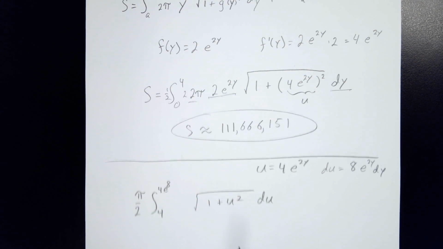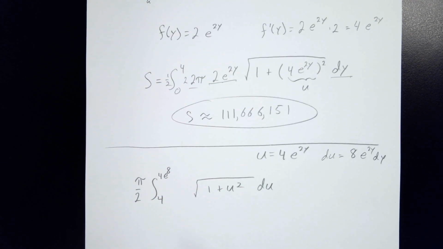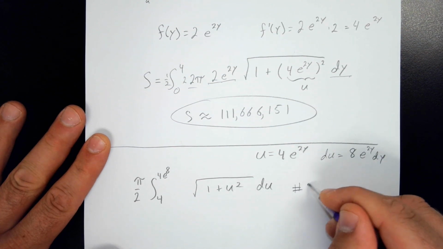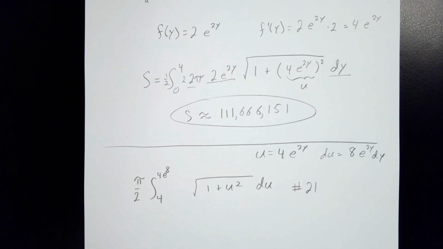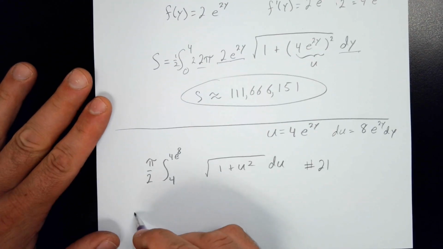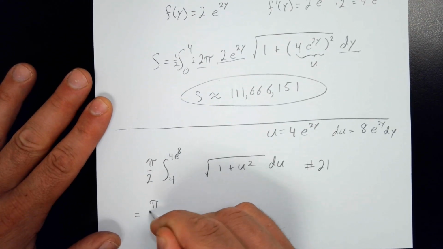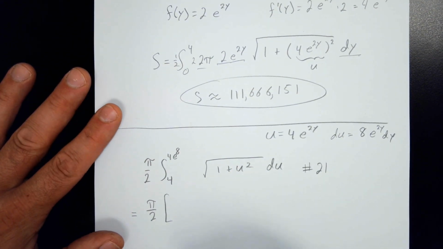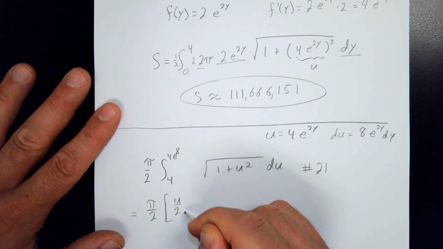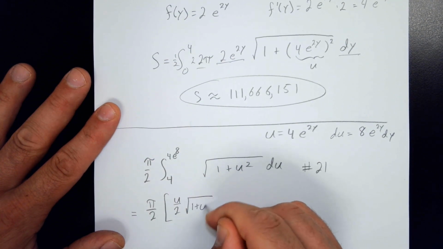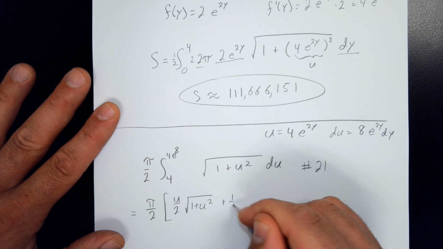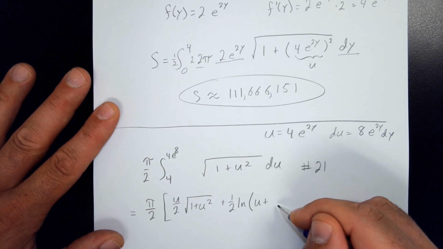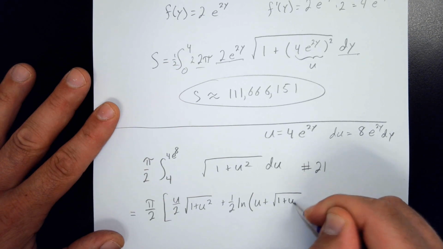Now this integral itself is not a very easy one. You could use trig substitution, or you could use, say, table of integrals number 21 to get this. What you would eventually end up getting would be pi over 2 times, from number 21 in the table of integrals, u over 2 times the square root of 1 plus u squared plus 1/2 natural log of u plus the square root of 1 plus u squared.